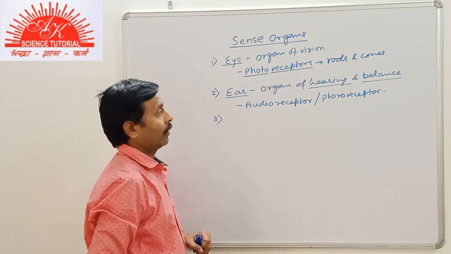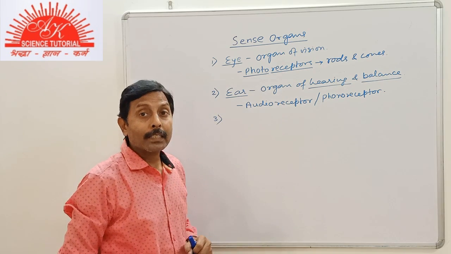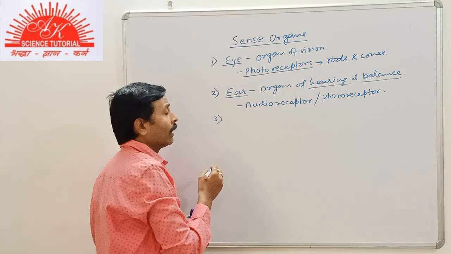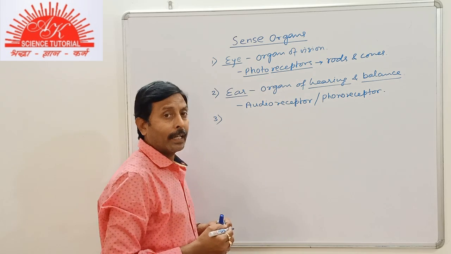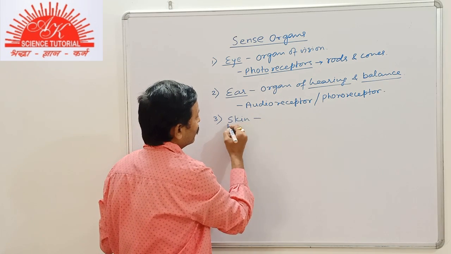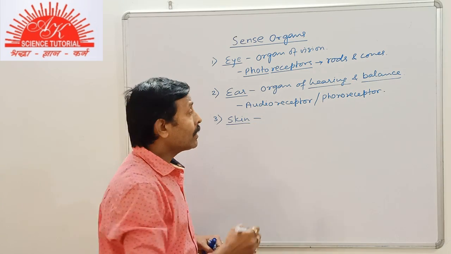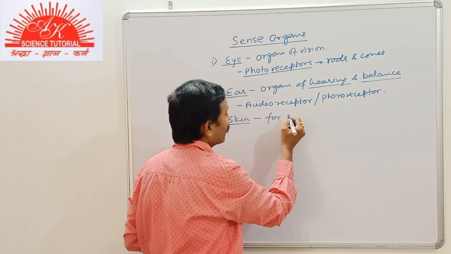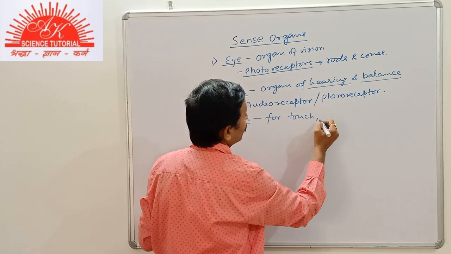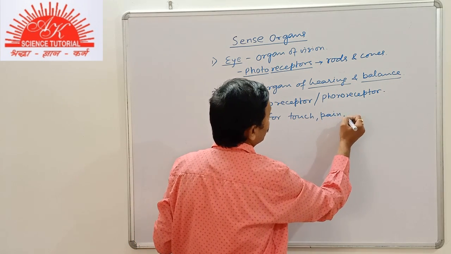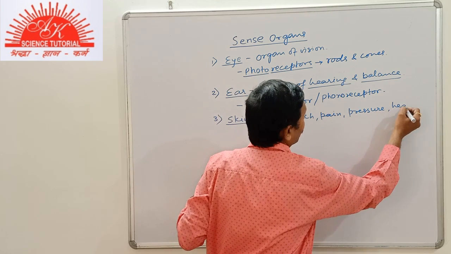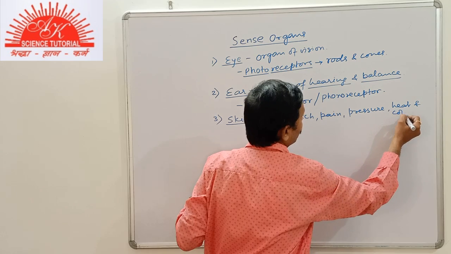Third, there are 3 other sense organs which we must know, which are working for different types of stimuli. That is, first of all, skin. It is the organ for touch, pain, pressure, heat and cold.